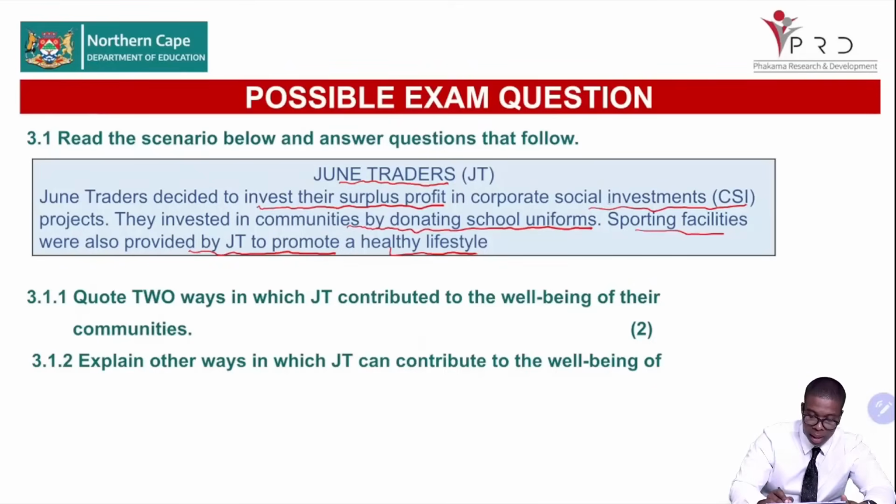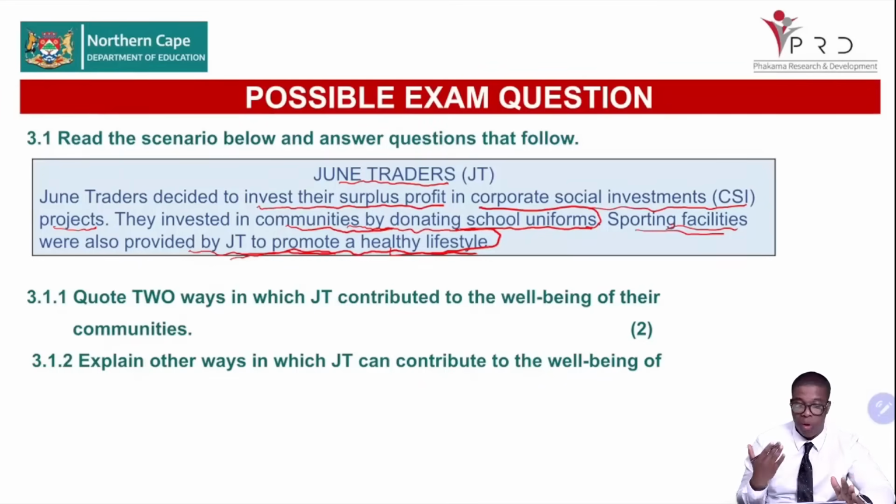Let's think about it. They have donated their profit, we see that, but how did they do it? They have invested in the community by donating school uniforms, that's number one. Number two, sporting facilities were provided by JT to promote a healthy lifestyle in the community. So that is considered to be the business showing that they care for the well-being of their community by providing school uniforms, and by also providing what?